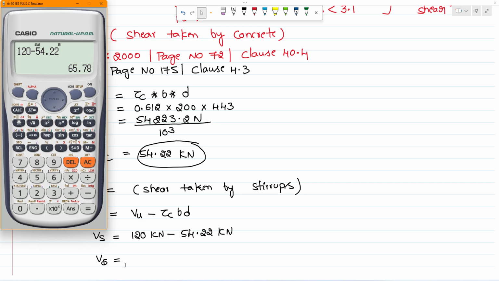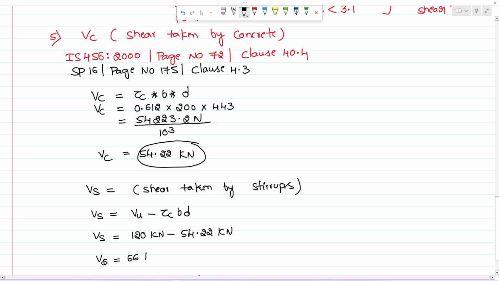It is 65, nearly equal to 66 kilonewton. So this is your Vs. Next, step number 6, we will calculate for vertical stirrups.